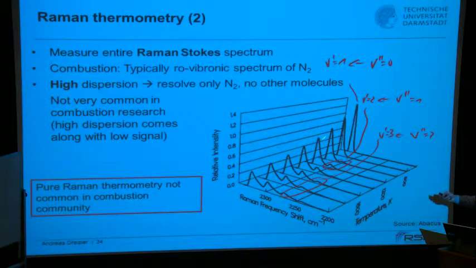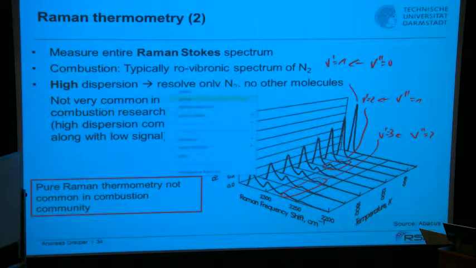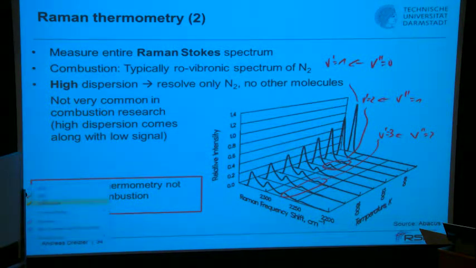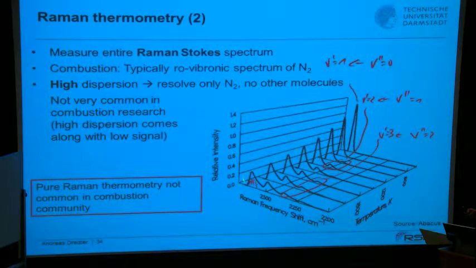And that is at the expense of the highest intensity, and that's why as well, if your distribution is covering a larger range of J numbers, it's going down. But the single rotation levels which are underlying here, they are not visible. So all these small rotation lines lying underneath are not resolved here. And that is typically the case in combustion applications where we do not use a very high resolution, because then the Raman signal would be even smaller. Higher dispersion kills signals.